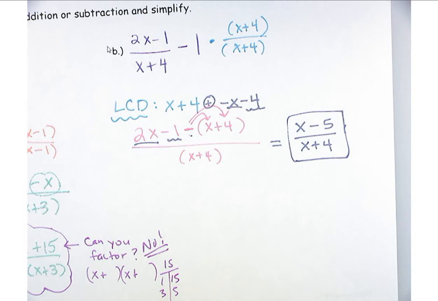Okay, again, those are two of the more simple examples, but your process is always the same. You find your LCD, multiply to get your LCD, simplify the top, and then cancel out if you have any common factors, which we haven't had yet.